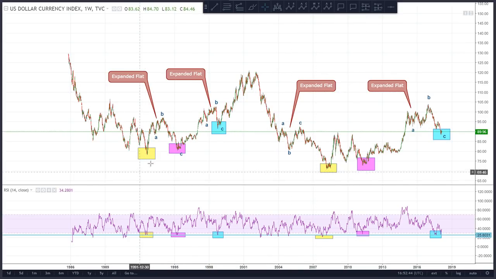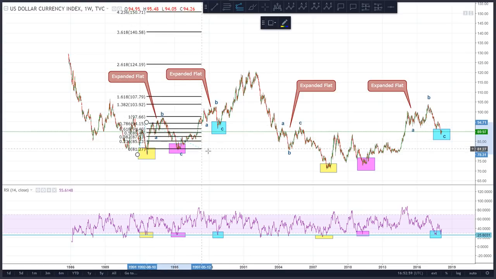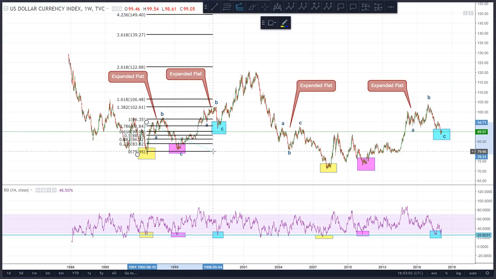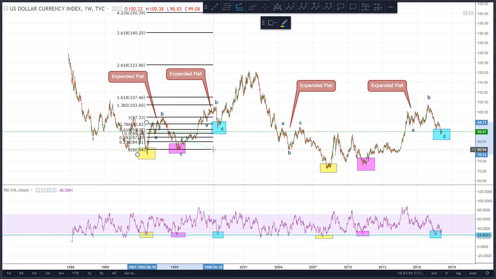So that's that one. Then I've got a wave 3 coming up to here. Now this wave 3 was not extended, it's equal to wave 1, so I'll just show you that. So that's the top of wave 1. Bottom of wave 3 is down here. Okay.